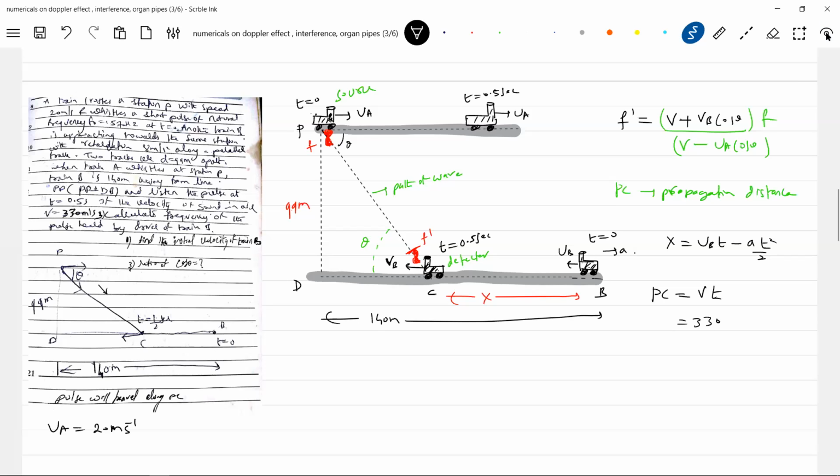Okay, I agree. Then do we know the time? Time is 1 by 2 or 0.5. So this will be how much? Anybody? 330 times 0.5, 165. Okay, somehow I got the distance PC. If you know distance PC and you know PD, can you bring the sine theta value?